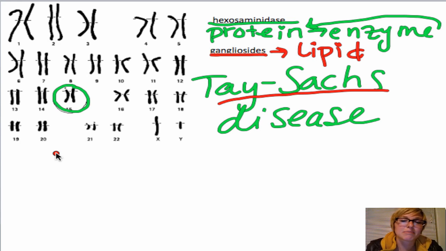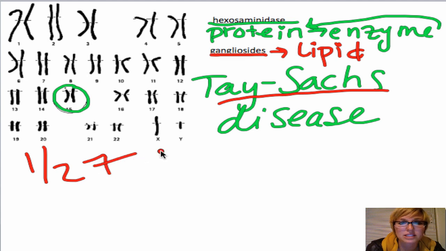Well, somebody in that population, or two people, made it so that this disease is at a higher incidence. So actually 1 in 27 Ashkenazi Jews are carriers of Tay-Sachs disease. So we see a higher incidence of this disease within that population. Kind of interesting.